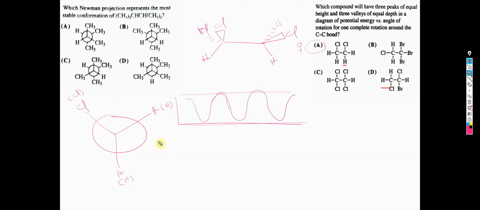Now if you go to a staggered conformation, you get this. If you rotate the bond on the front, you have your hydrogen here, chlorine here, chlorine here, and the hydrogens.